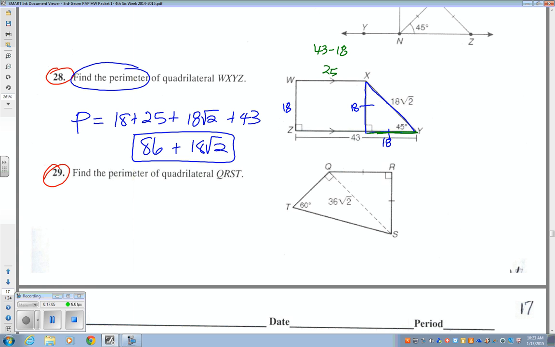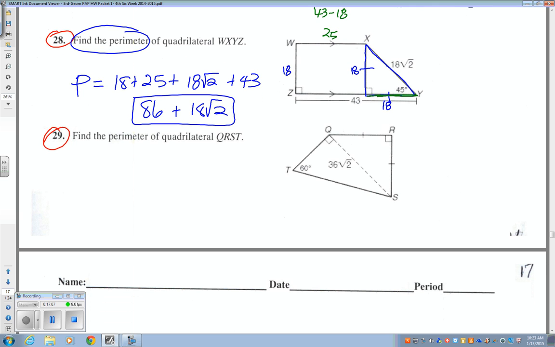Okay? Now, on 29, guarantee you're going to have 2 adjacent triangles. You're going to have to start with one, use that one to help you find the other. So where do you want to start? The 60, okay. So we're going to start with the QTS.